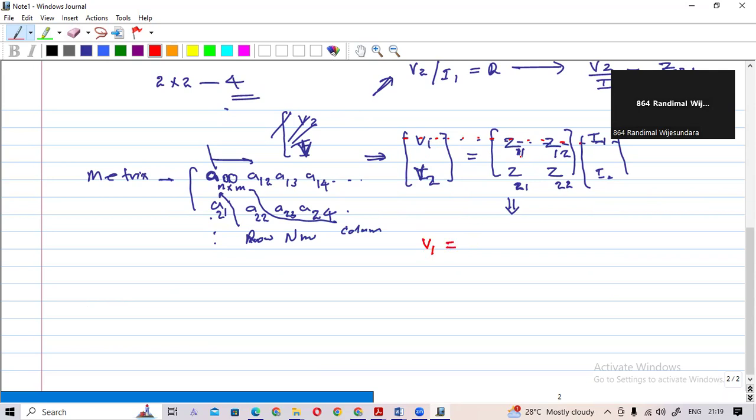So this will be Z11. Here you have to multiply the matrix. How can we multiply the matrix? Can you remember? Check matrix multiplication.